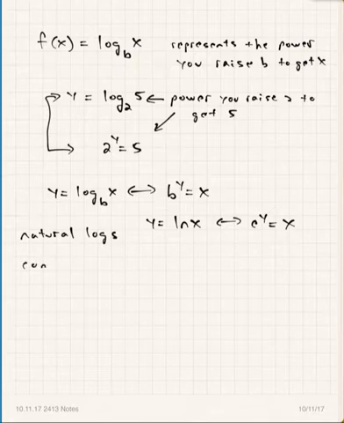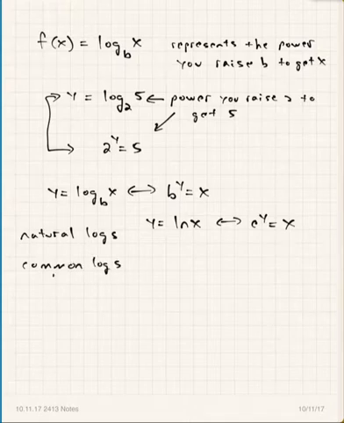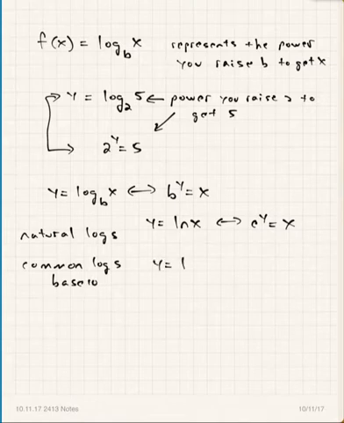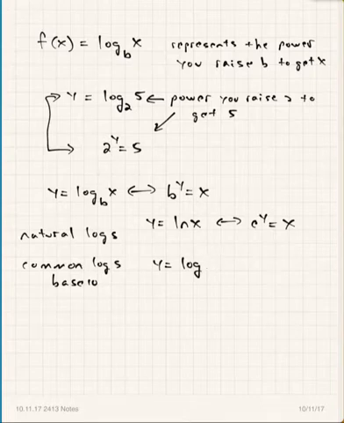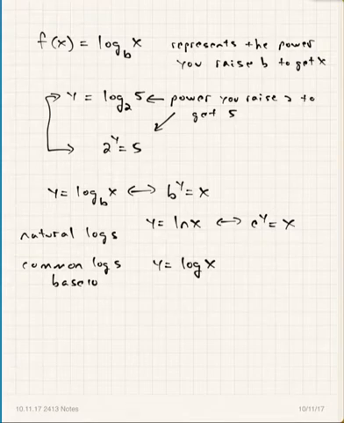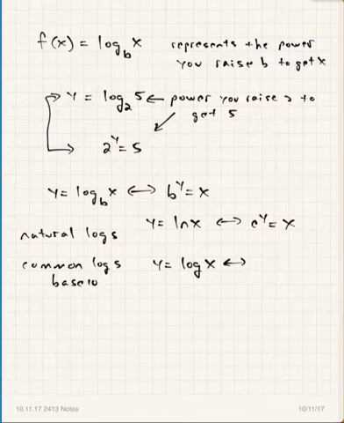And then the common log. Remember that common logs are base 10 logarithms, and the abbreviation for a base 10 logarithm is y equals log x. So the equivalent exponential statement would be 10 to the y is equal to x.